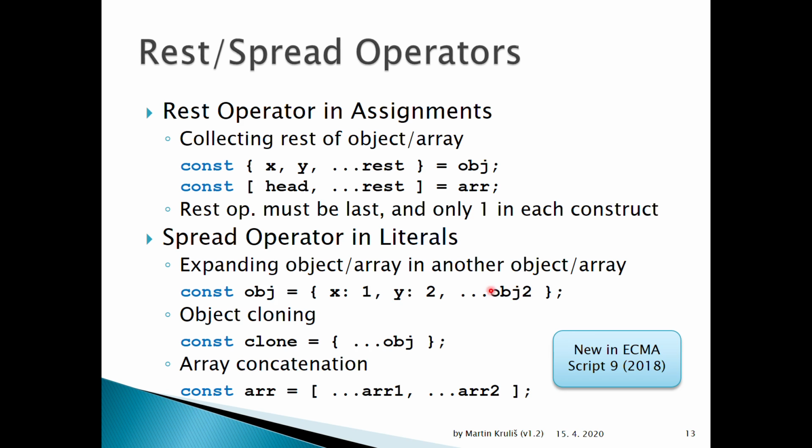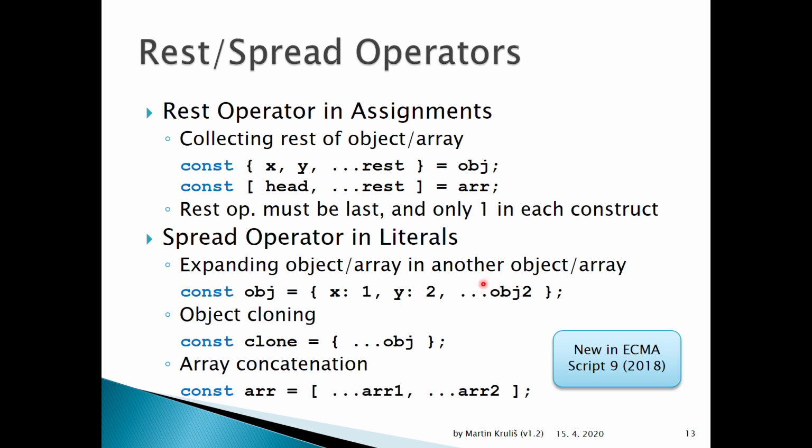So if this is an object, I can use this construct to spread it into a newly constructed object. So this whole thing is a regular object literal, which has x and y properties, and all the properties of object 2 will be expanded into this newly created object.